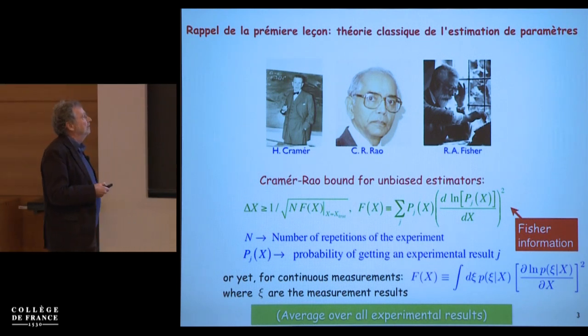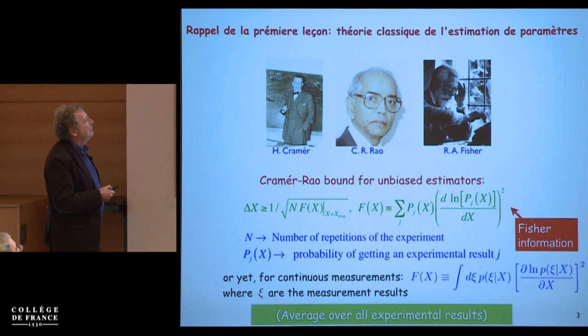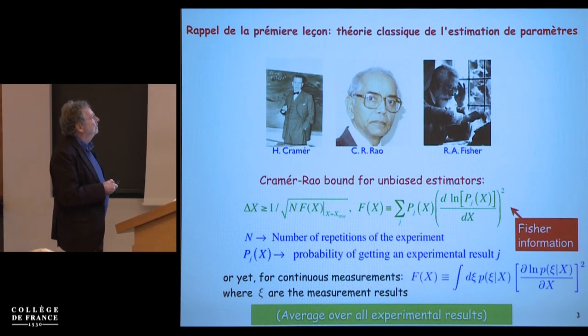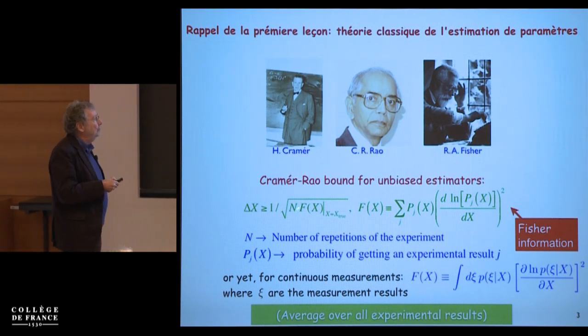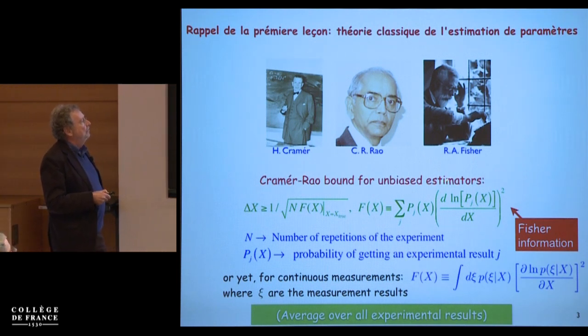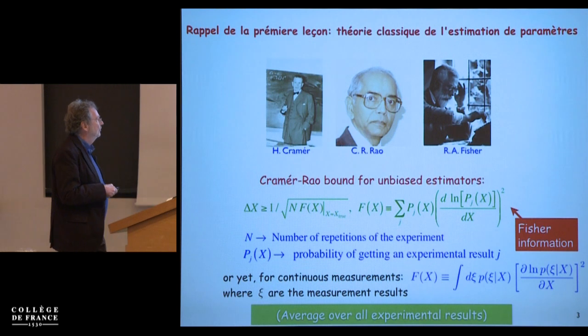We showed in the last lecture, just using classical arguments, that the standard deviation in the estimation of some parameter x, which is part of some dynamical system, is bounded below by this expression here, where n is the number of repetitions of the experiment, and f of x is the Fisher information, which depends on the probability of getting the several experimental results j. You have to sum that over all possible experimental results.